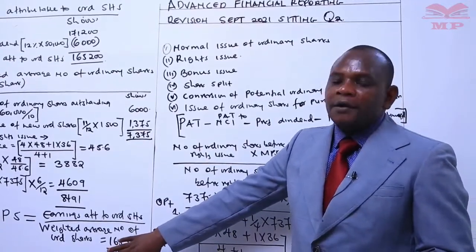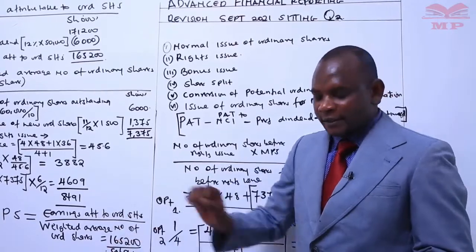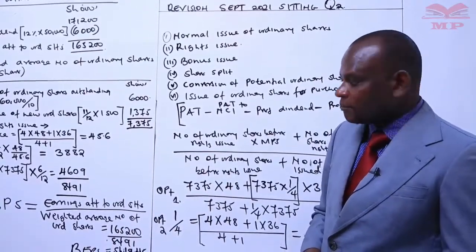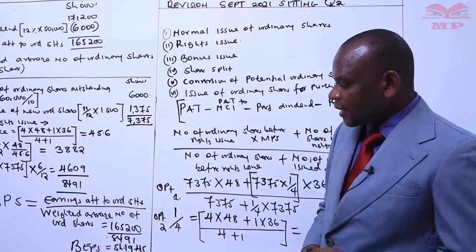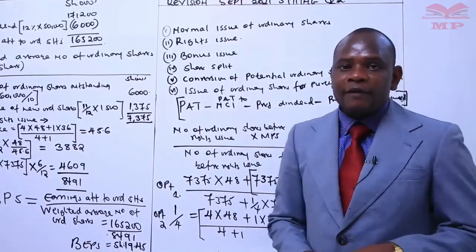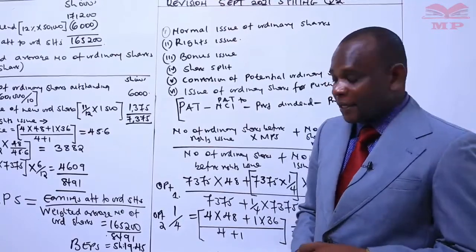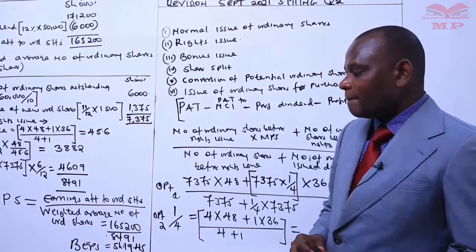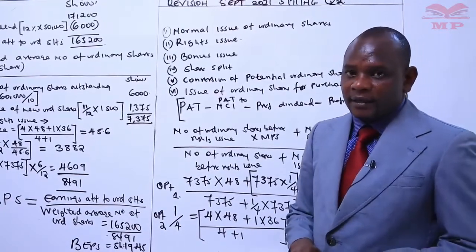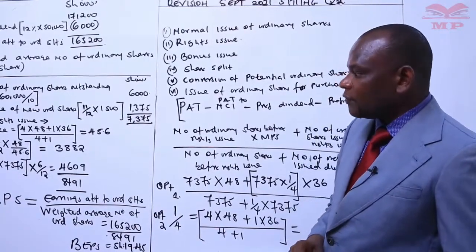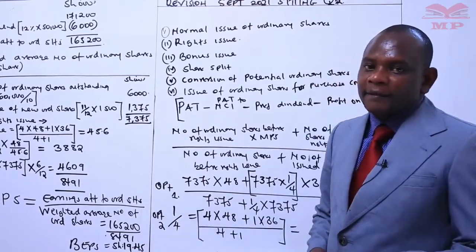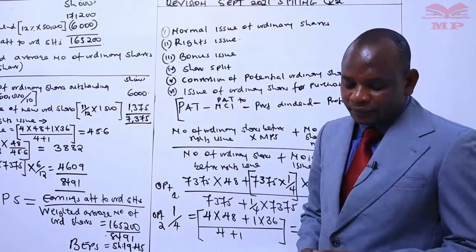Is it going to decrease or increase? As a matter of fact, most potential ordinary shares are dilutive in nature, meaning that they decrease the basic EPS. Some are antidilutive, meaning that they increase the basic EPS instead.